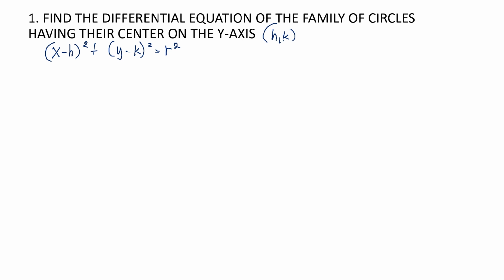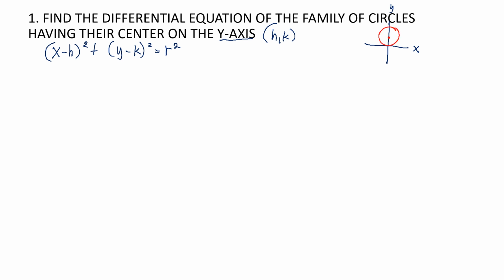From our problem, the center is along the y-axis. So if we draw our circle, this is the y-axis and this is the x-axis. If the center is on the y-axis, it can be somewhere along the y-axis, and this is our circle.